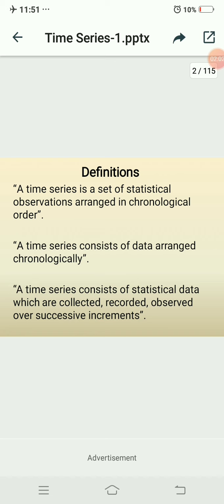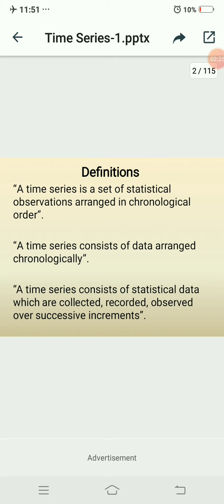Here comes the third definition: the time series consists of statistical data which are collected, recorded, observed over successive increments. Statistical data means we have to collect the data according to mathematical concepts.